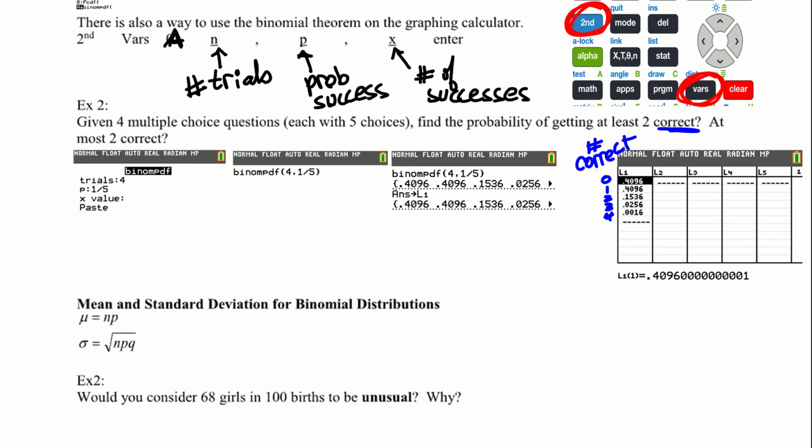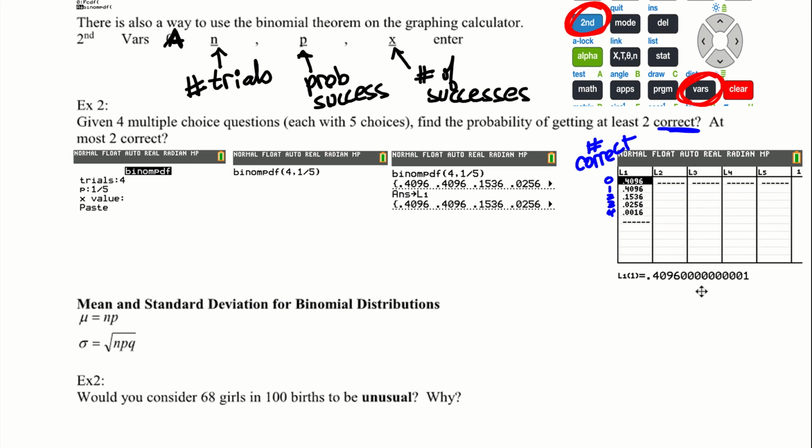And these are the probabilities that go along with those outcomes. So now we have a complete distribution of every possible way that you could answer these 4 questions. You can see that it's not very likely that you're going to do well if you guess on all of them. This is a probability question, but it's also a public service announcement: study for your multiple choice test.